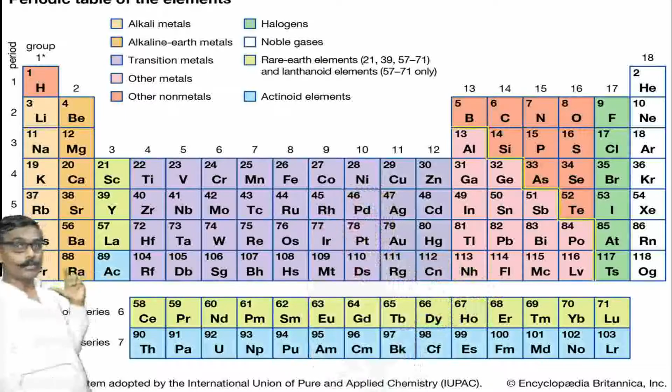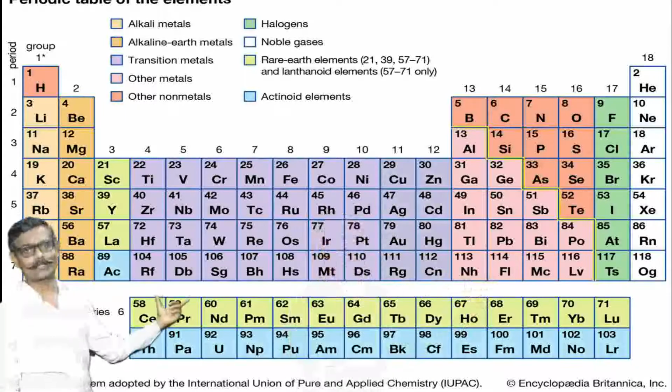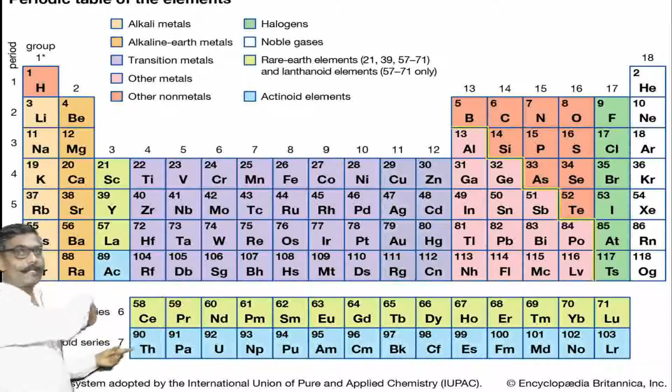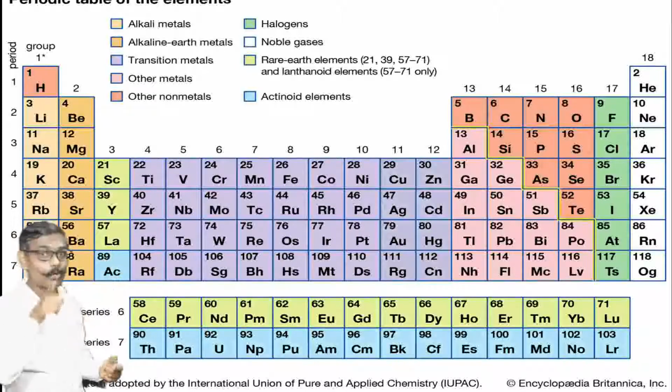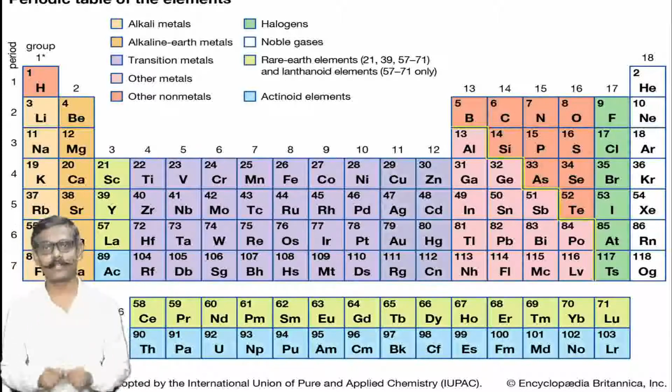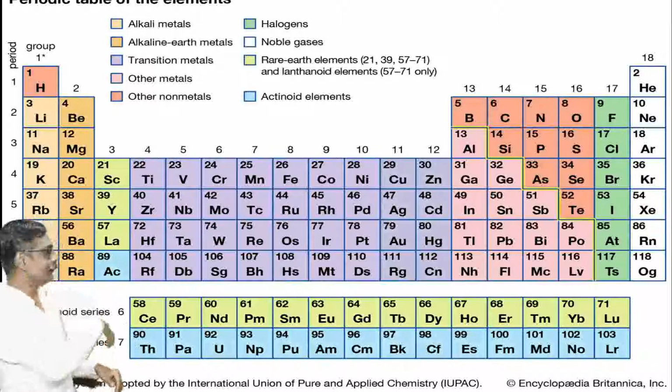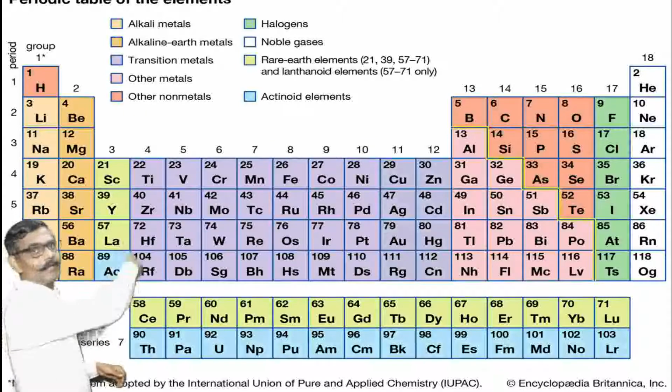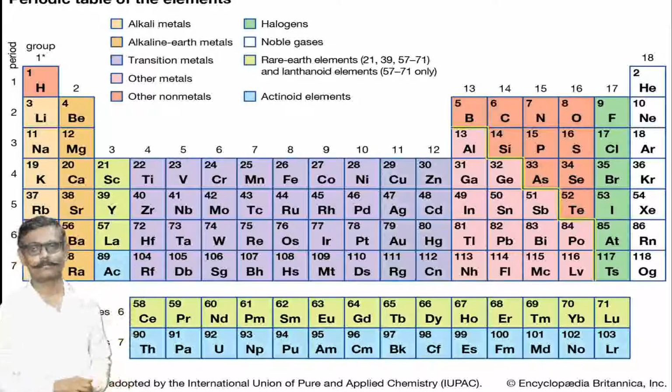In between those two sets, there are 10 columns because d orbitals are progressively filled there. What is the capacity of a d orbital? Maximum capacity, 10 electrons. Therefore, 10 columns are there.